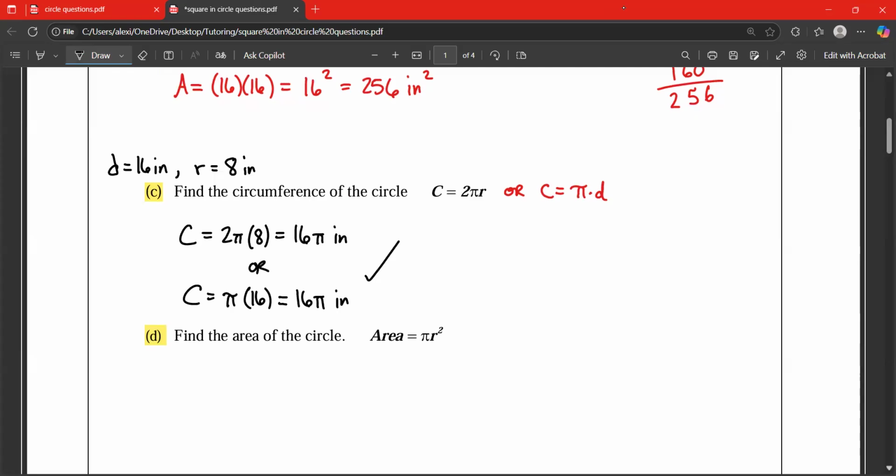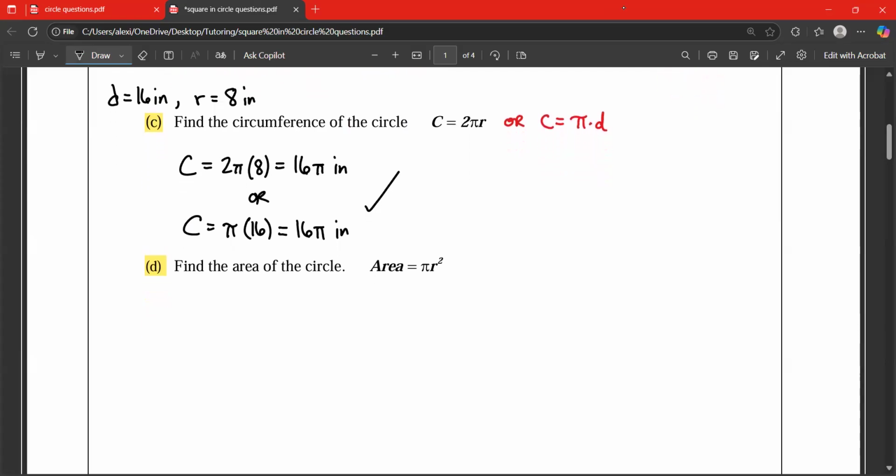All right, let's look at this one. Now it says find the area of the circle. Well, in order to find area, there really is only one formula. And it is, if it lets me highlight it, there we go, pi times radius squared. But that's the same as saying pi times radius times radius.